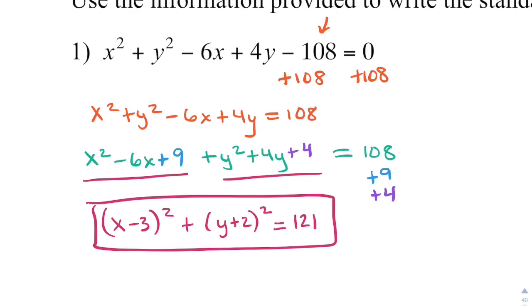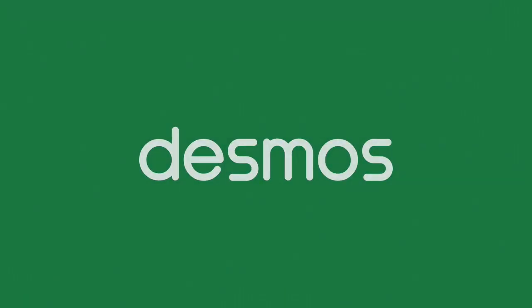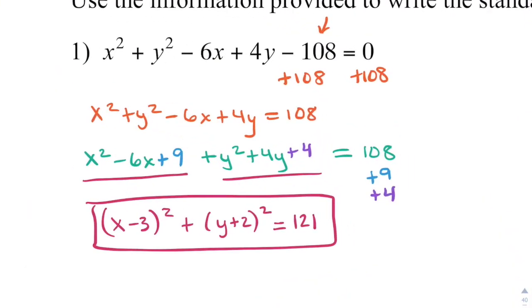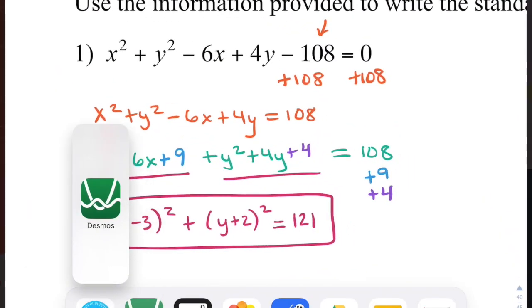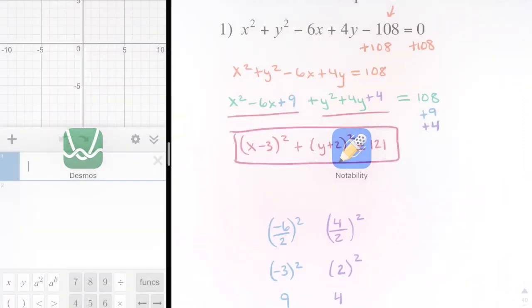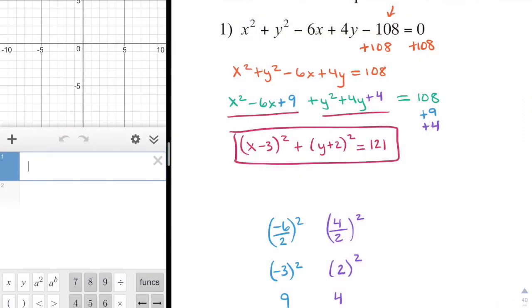And just as proof, I'm going to graph both of these in Desmos. Okay, so what I want to do is try to run Desmos as I'm doing this here. So I'm going to graph both of these. The first one's going to be x squared plus y squared minus 6x plus 4y minus 108 equals 0.